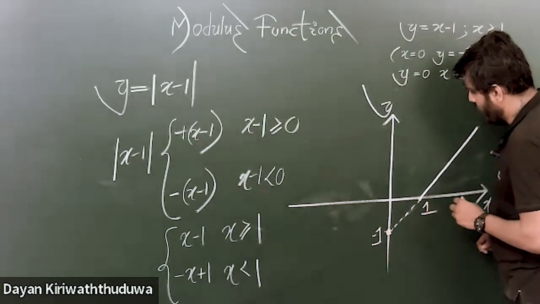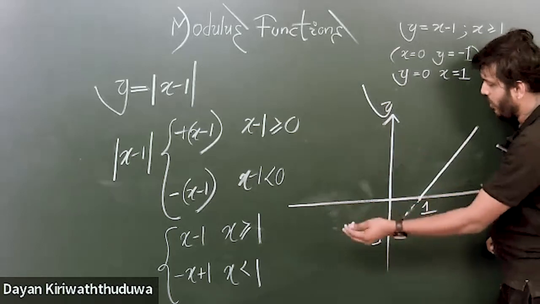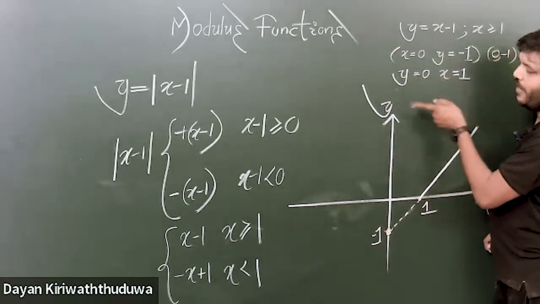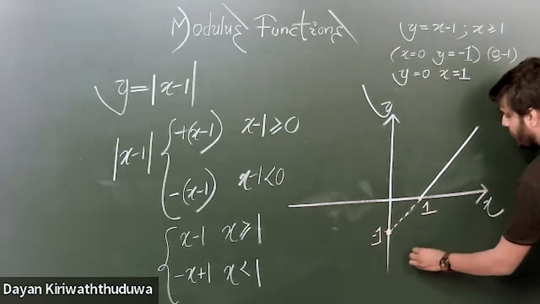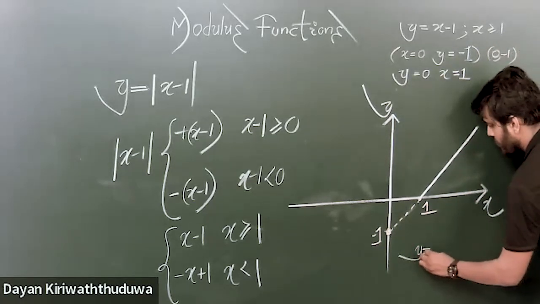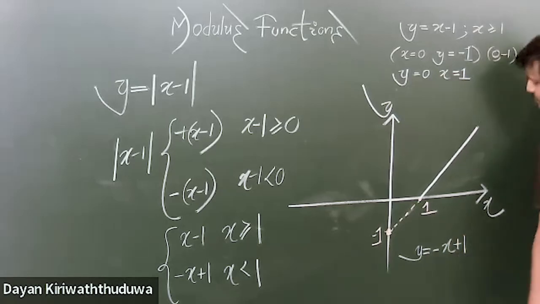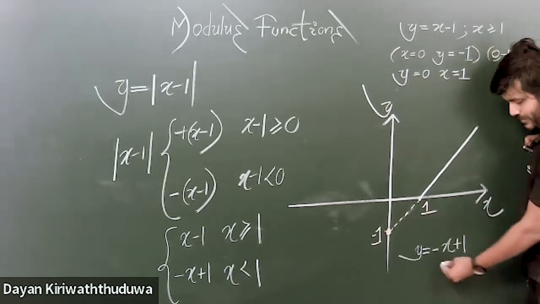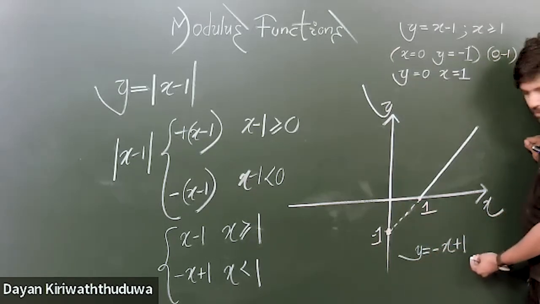Okay, let's continue. So basically, if you look at the other way around, which is y equals minus x plus 1, right? So let me write it here. Y equals minus x plus 1. Once again, we can check what happens when x equals 0 and y equals 0, right? You get 2 points.